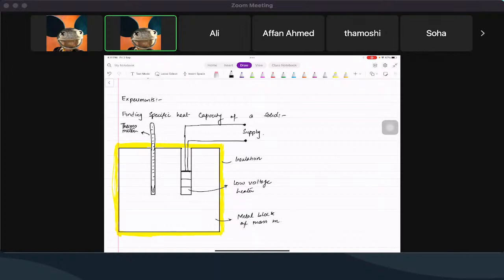Okay, now you can start drawing. Please draw this, and then I'll tell you what exactly this is.